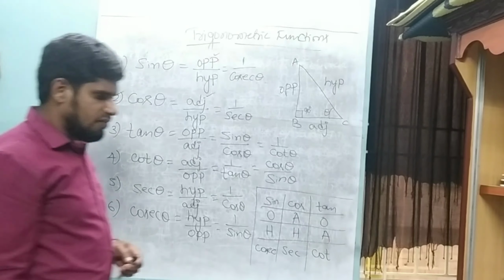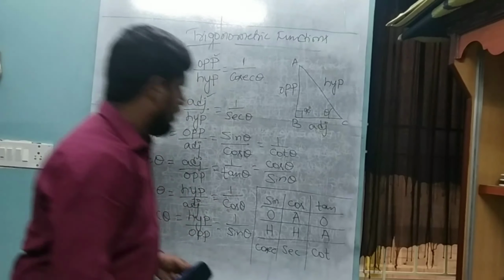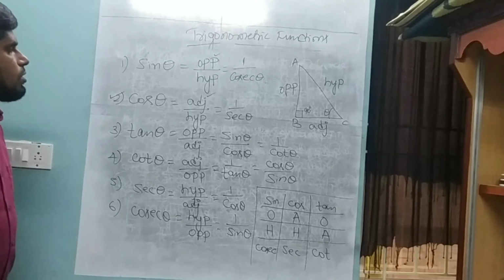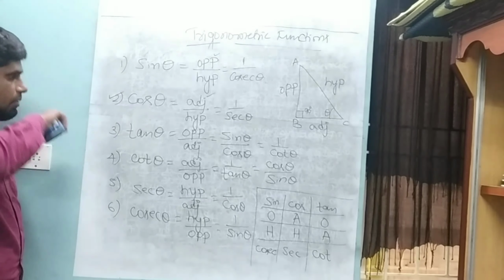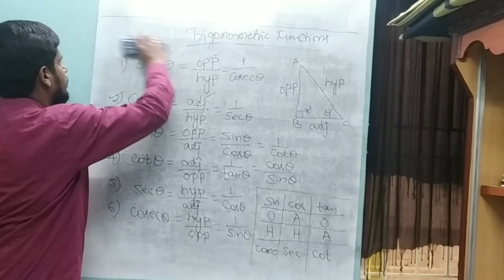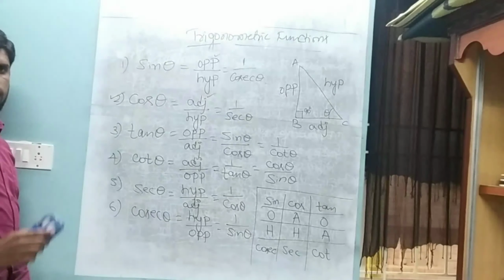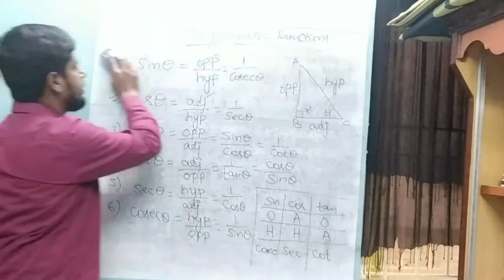So after the definitions, let us go to the trigonometric table. The trigonometric table, which is very, very important. We all should know it till at least 90 degree.